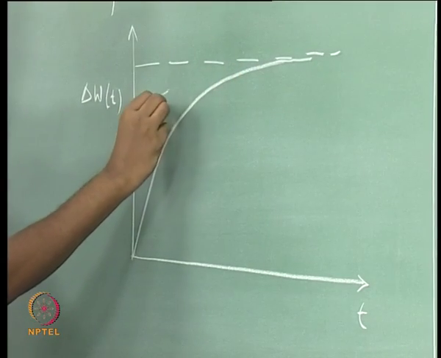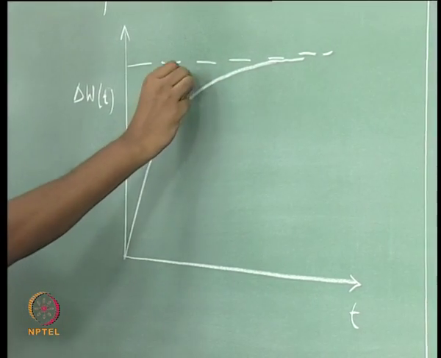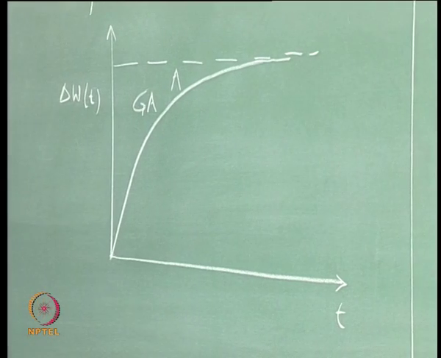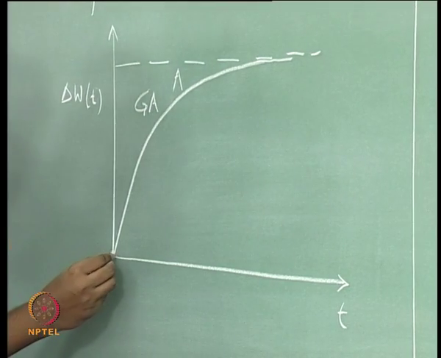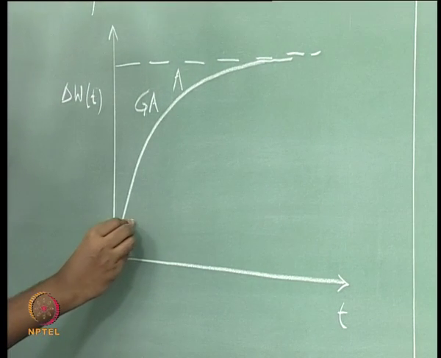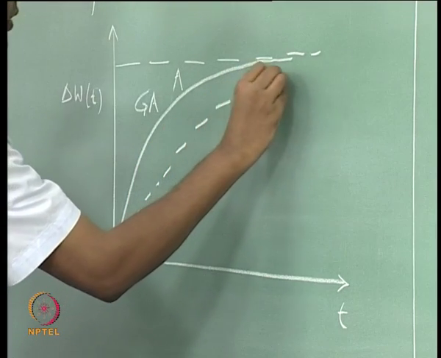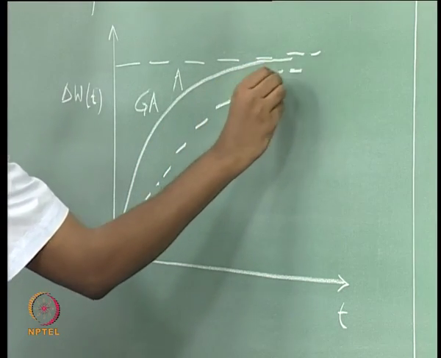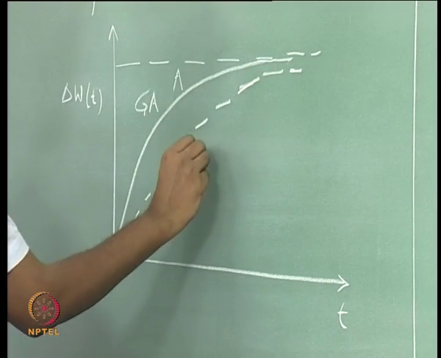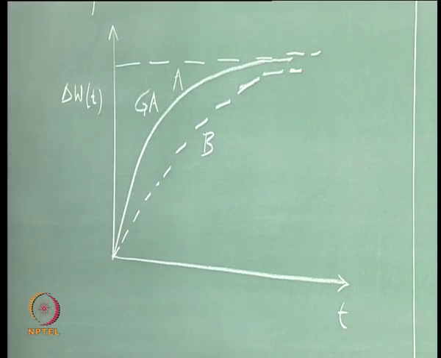This is for the general aviation airplane A, and for the airplane B, this is the response.